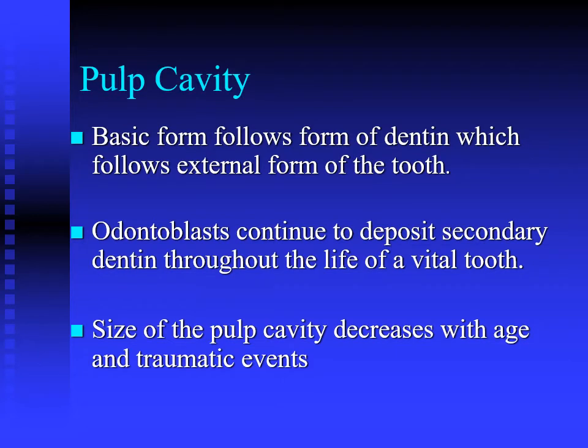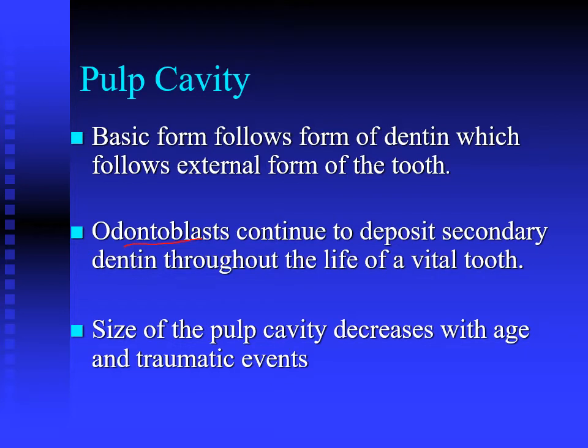So in summary then, the pulp cavity follows the basic outline form of the dentin and follows the external form of the tooth. So if you understand the form of the crown, depending on which view you are seeing, you should be able to have a rough idea of what the pulp cavity will look like. Odontoblasts, which are the formative portion of the dental pulp, continue to deposit dentin throughout the life of a vital tooth.